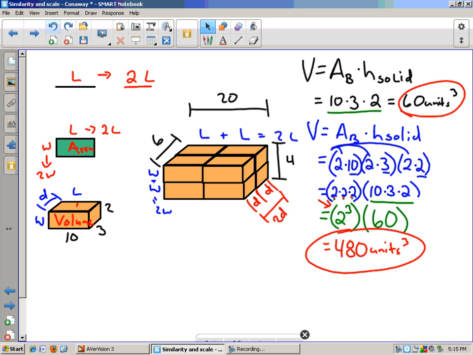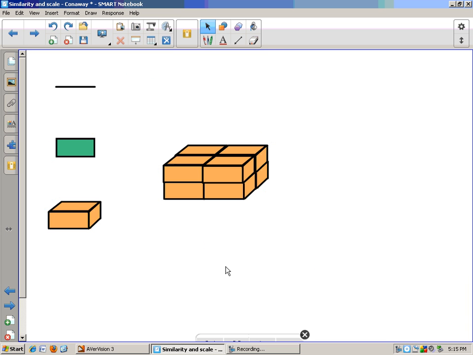So let me clear all the work on this page. And let's say we want to go about tripling this object. So what if I tripled the size of this object? It's going to be 3 times wide. It's going to be 3 times tall.